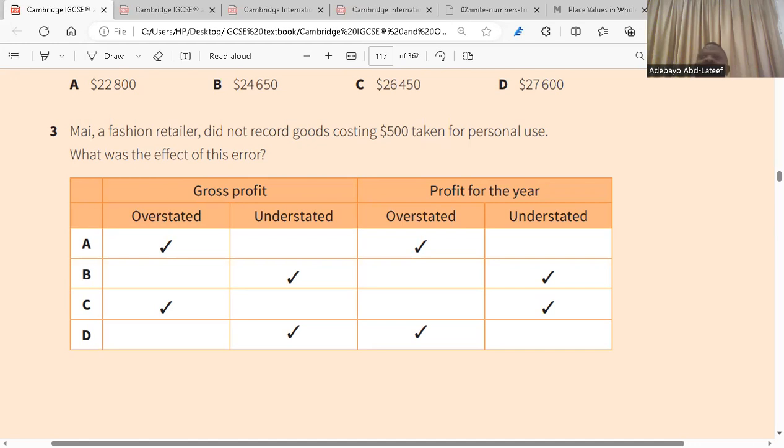If your gross profit is more, when you deduct expenses, it will still be more. So your gross profit will be overstated, and your net profit will be overstated. Yes, A.